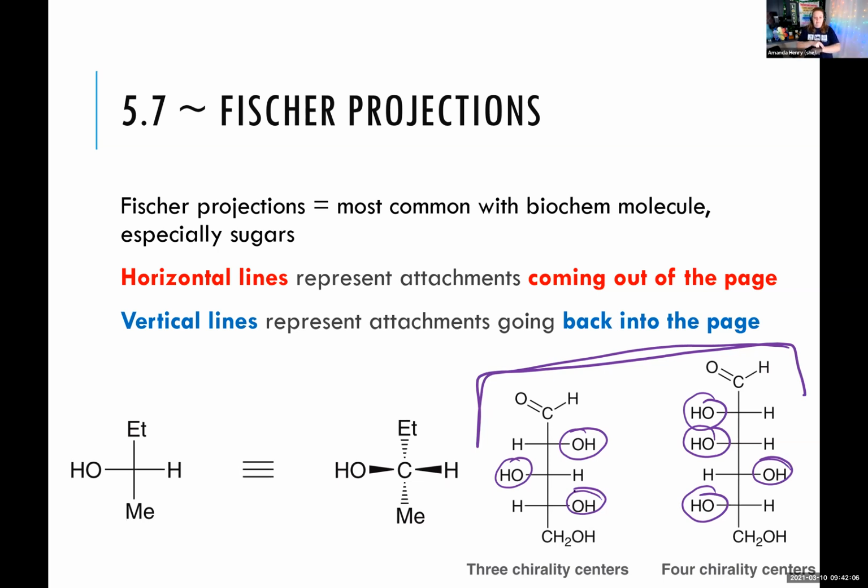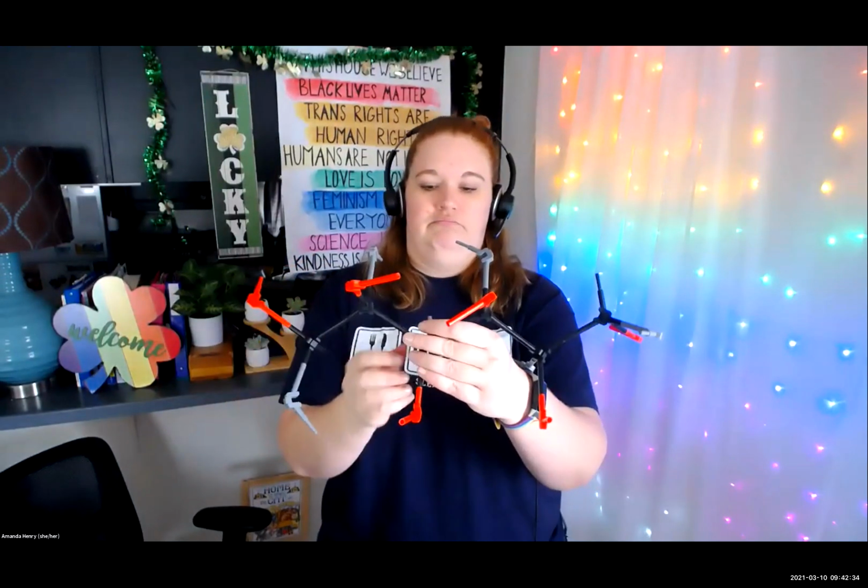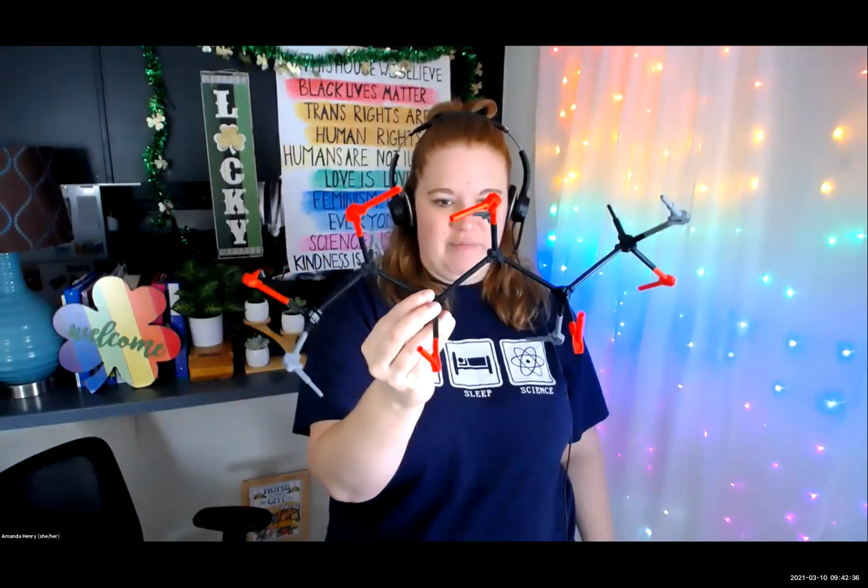We don't like them because they're not an accurate drawing. We normally look at a molecule like this. So the black part of my molecule, my carbon chain, is a nice zigzag.